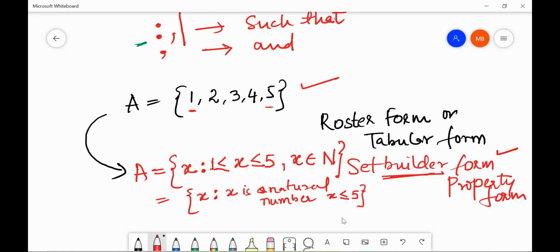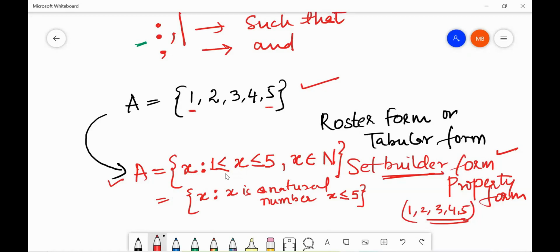Natural number less than or equal to 5. We know that natural numbers begin with 1. So 1, 2, 3, 4 and 5. So this is the desired set. If you find this method difficult, you can obviously write it like this, and gradually when you become more confident, you can move towards the actual way of writing in set builder form.